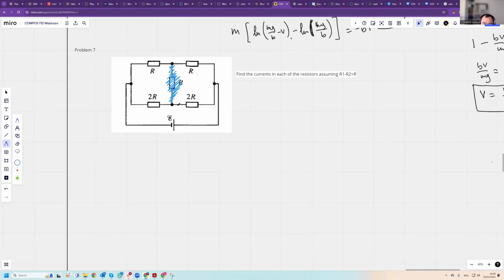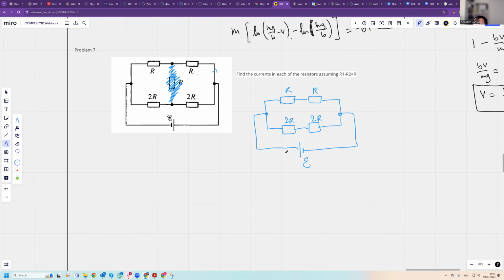So let's do some calculation. The total resistance of the top branch is 2R. So if you had for this circuit R and R, and you had 2R and 2R, that's EMF.